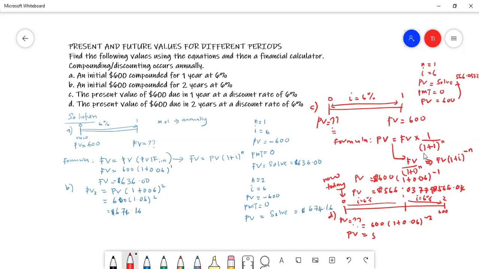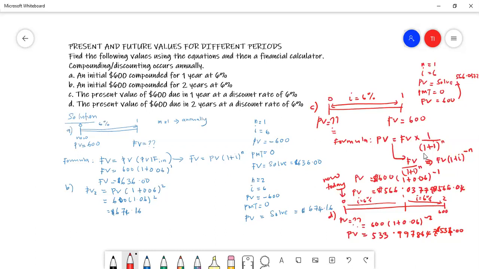We find 533.997864. You might use 2 decimal points, 534.